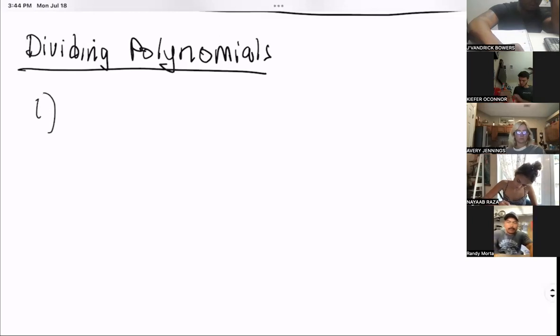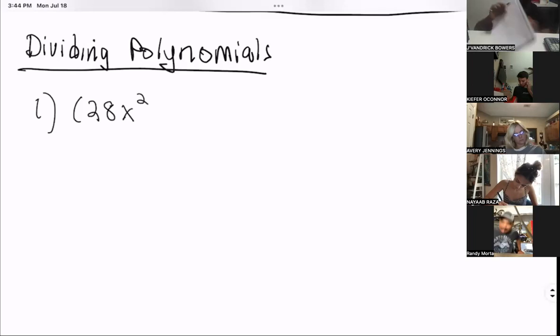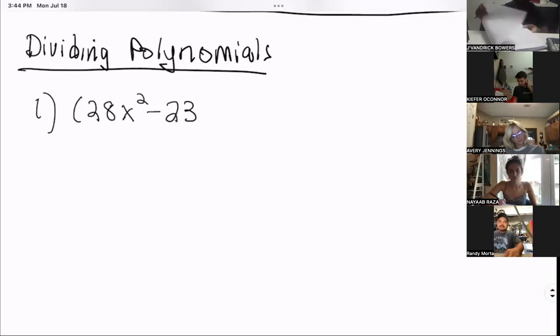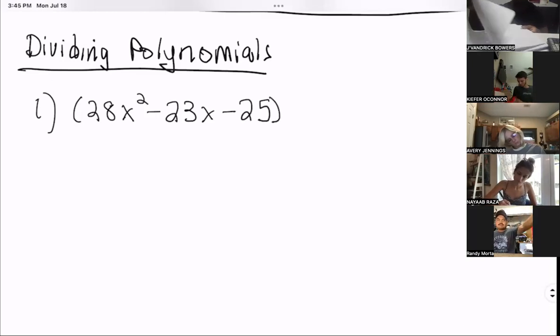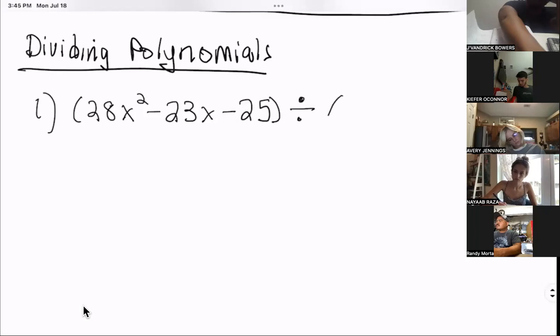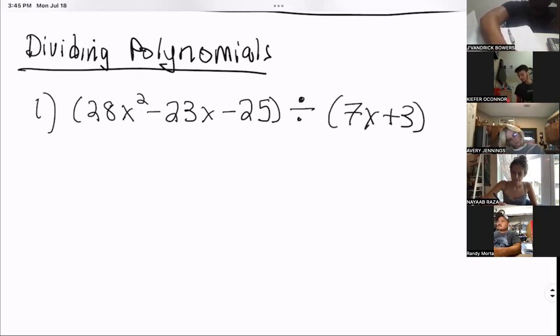Okay, so first one, we're going to do 28x squared minus 23x minus 25 divided by the binomial 7x plus 3.